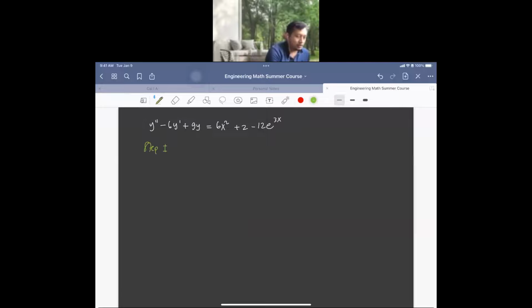Step 1, homogeneous equation. That is y double prime minus 6y prime plus 9y equal to 0. Okay? We could check the roots.